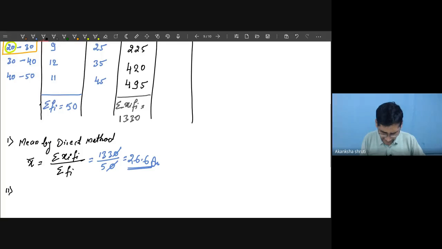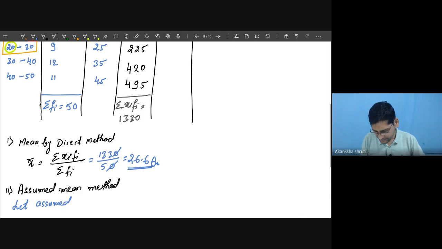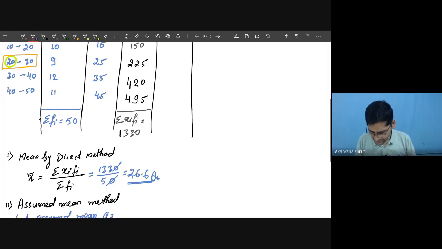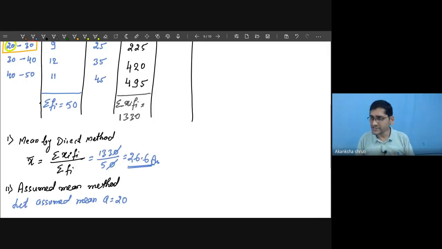So for the second method, I am writing the assumed mean method. Here, let assumed mean A be 20. This is not the actual mean, it is our assumption. This assumed mean A, which we have chosen as 20, has to be adjusted to get the real or correct mean.